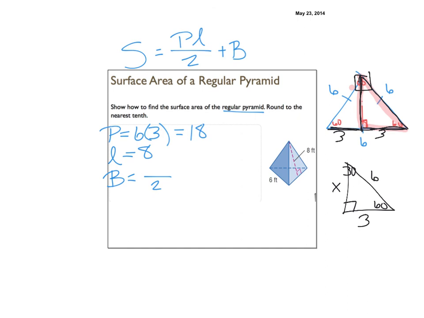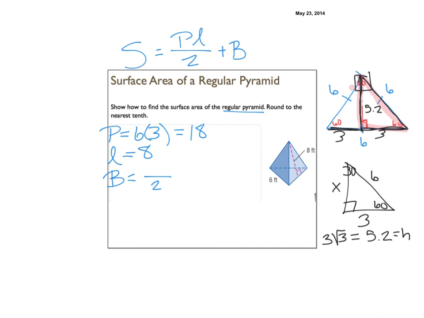The reason I'm doing this again is because we have the base, and we need the height in order to find the area of this triangle. So again, we have a 30-60-90. We have the short leg, we need the long leg. We're going to take 3 multiplied by root 3. That's going to give us about 5.2, which is the height of our triangle, of our base.